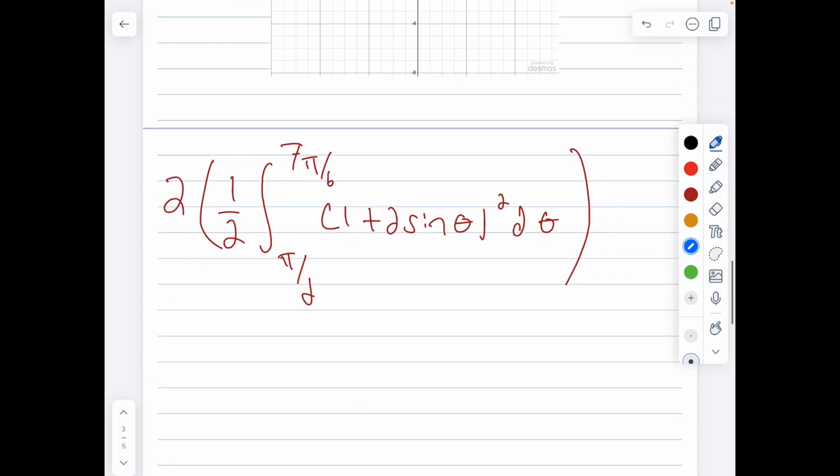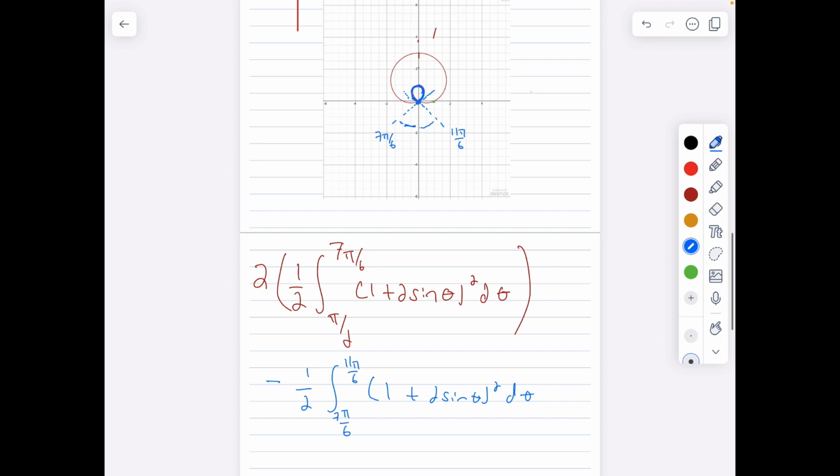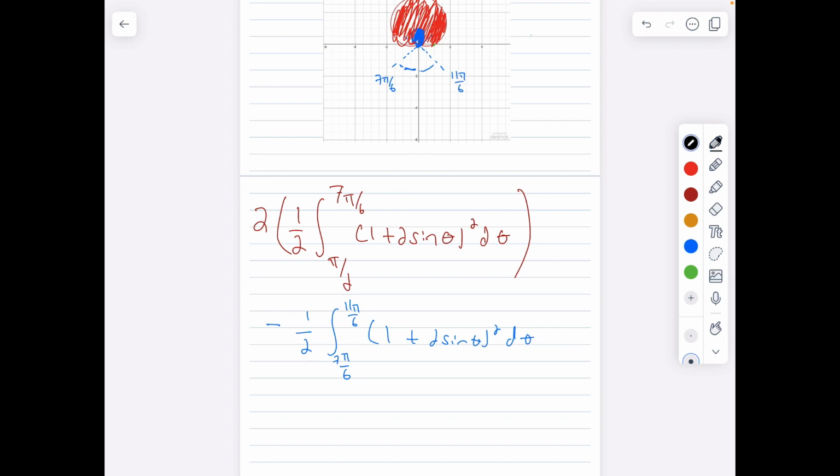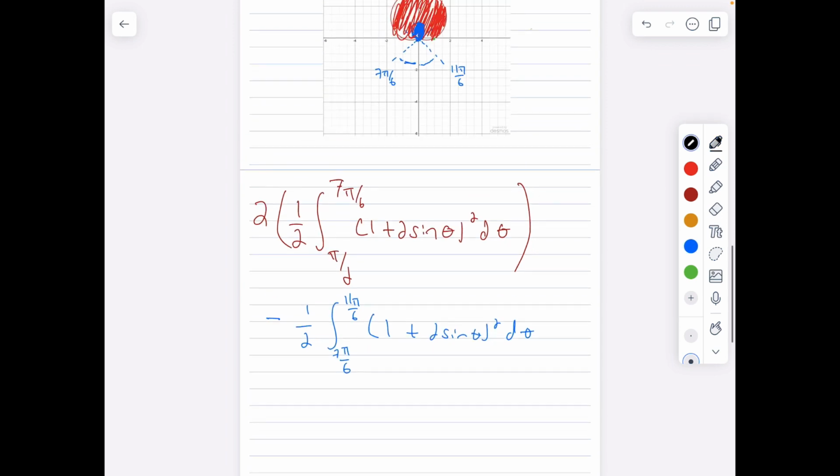So if you subtract 1/2 the integral from 7 pi over 6 to 11 pi over 6 of (1 plus 2 sine theta) squared d theta, that would describe that inner loop. And yeah, I can think of it as the red stuff minus the blue.